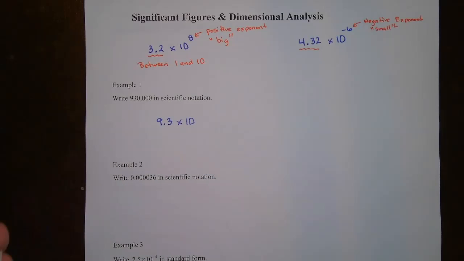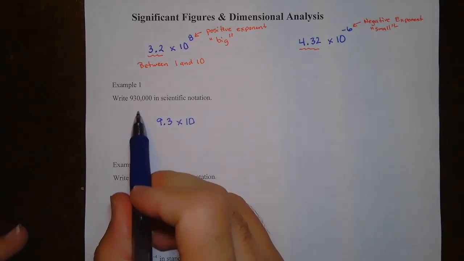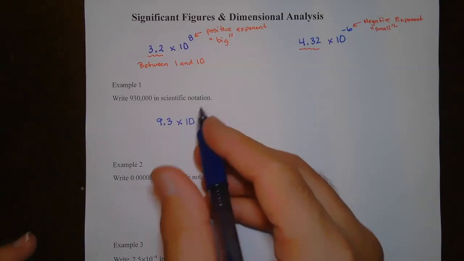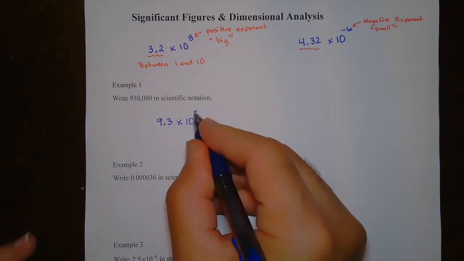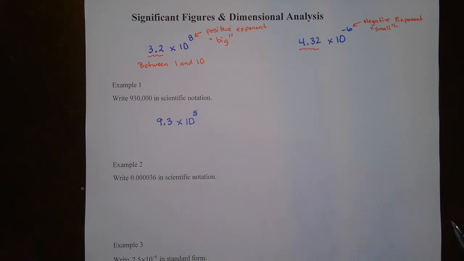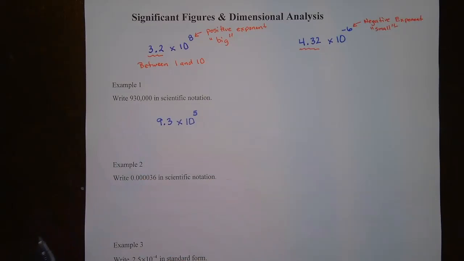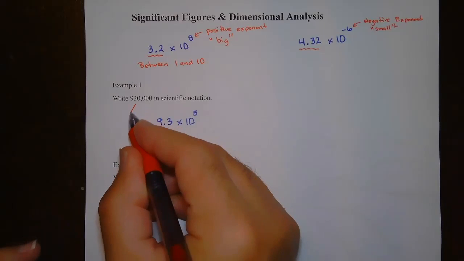So I need to move the decimal 5 places. And this is a big number, so this is going to have to be a positive exponent of 5. Big number, positive exponent.